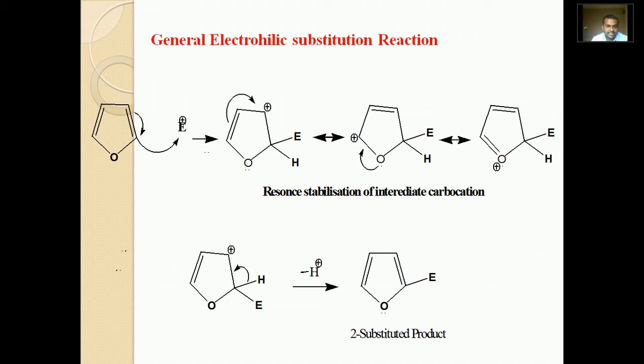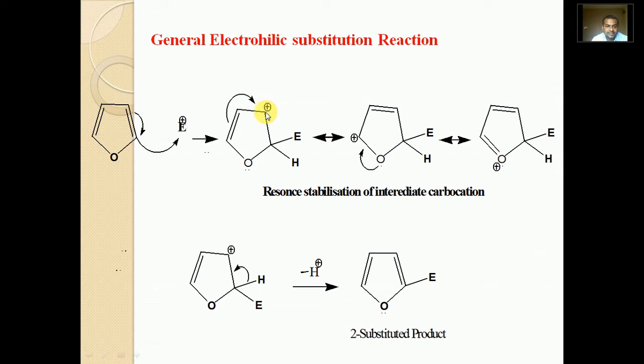Any electrophile-generating reagent generates the electrophile. As we have seen, it attacks at the 2 position. After attack at the 2 position, one of the pi electrons of this carbon atom 2 will form a bond with the incoming electrophile. As this carbon loses a pi electron, it acquires a positive charge.